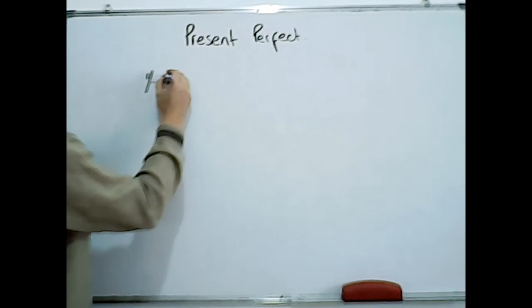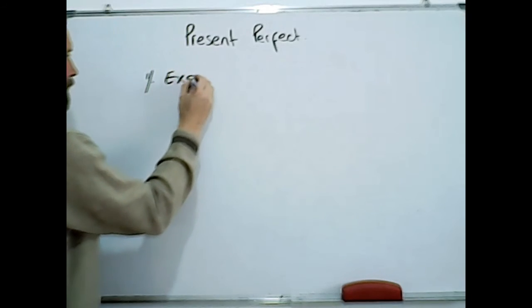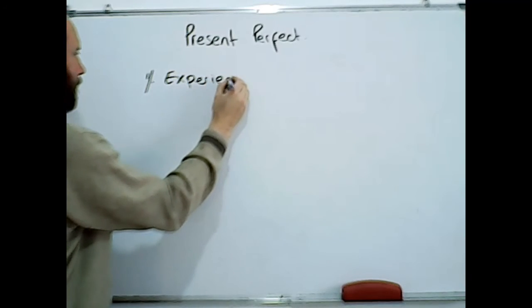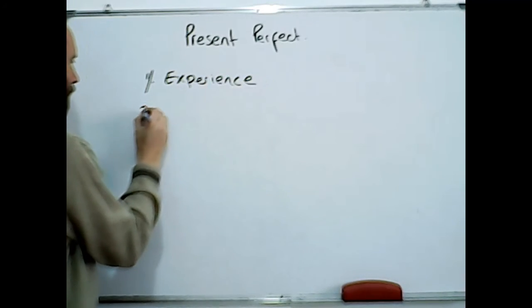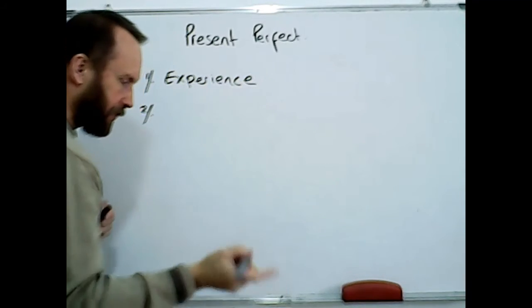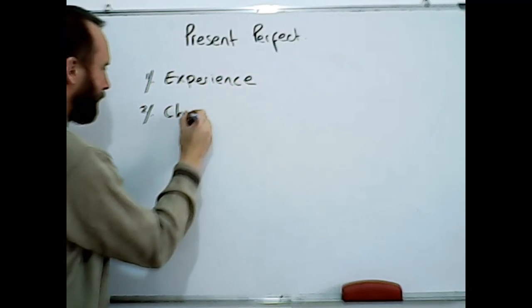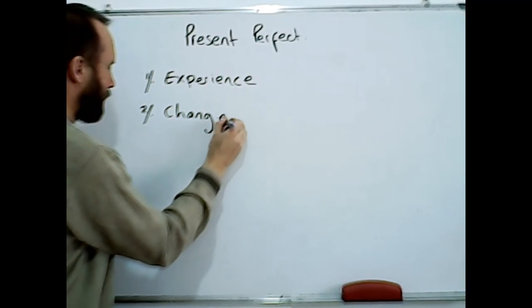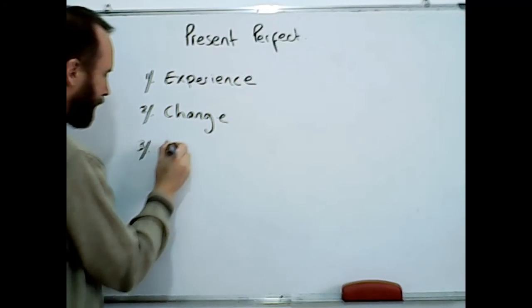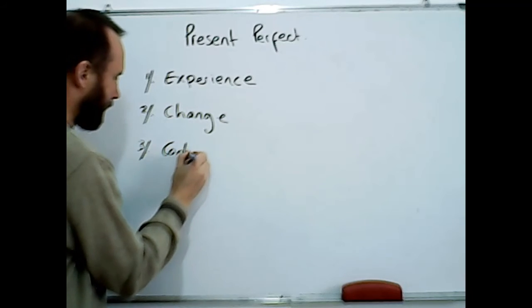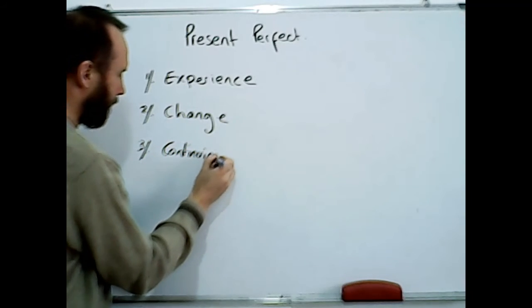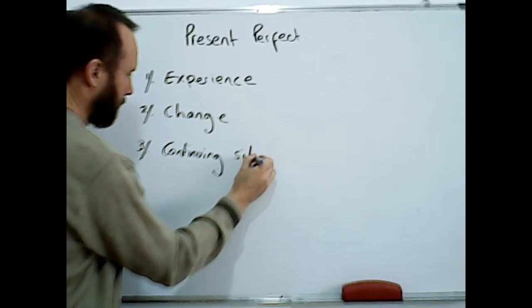The first one is experience. The second one, I'm just trying to get them in the same order, I wrote them here, is change. The third one is a continuing situation.